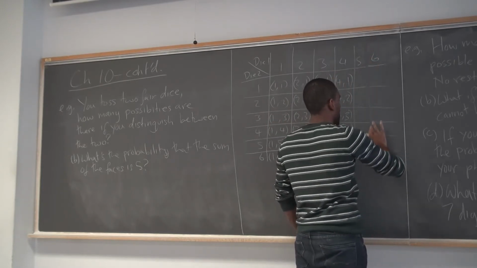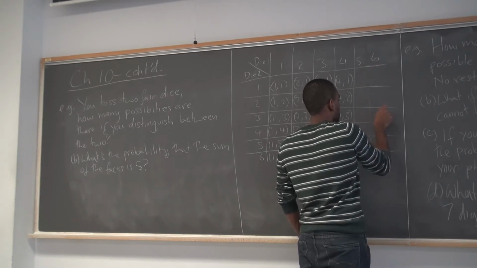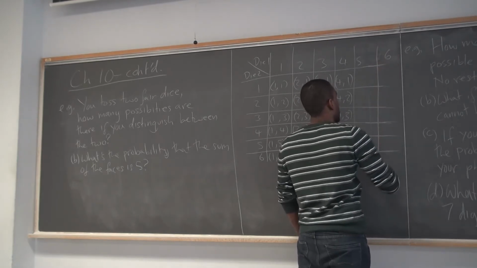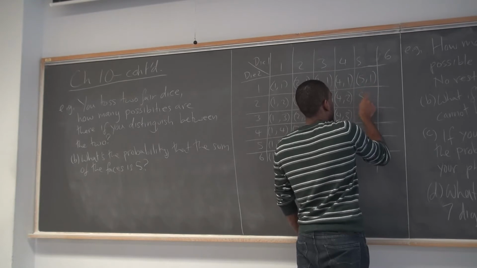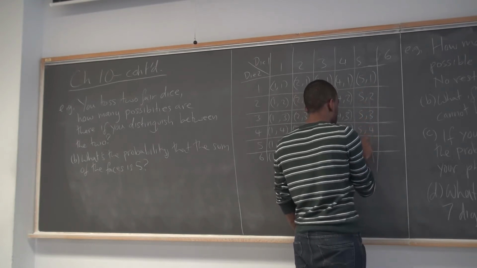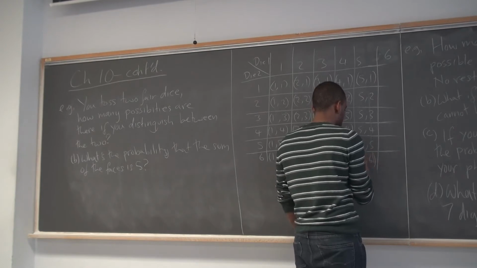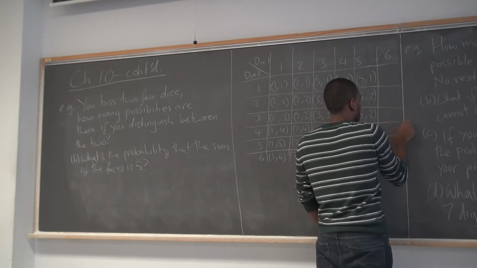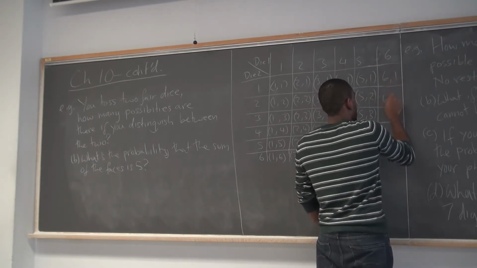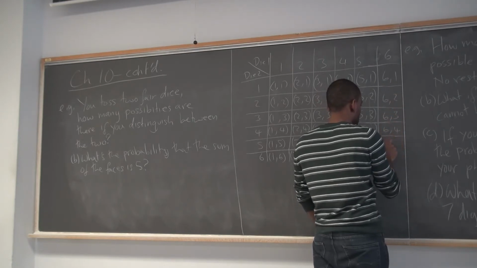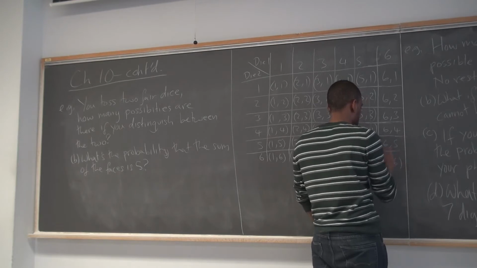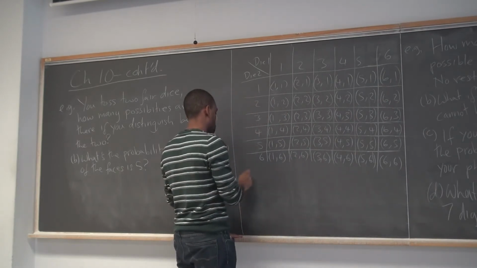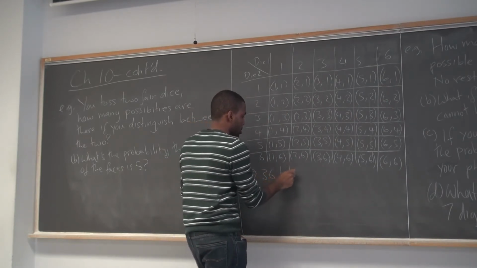Not writing these as a sum in general. 5 and 1, 5 and 2, 5 and 3, 5 and 4, 5 and 5, 5 and 6. 36 total possibilities.